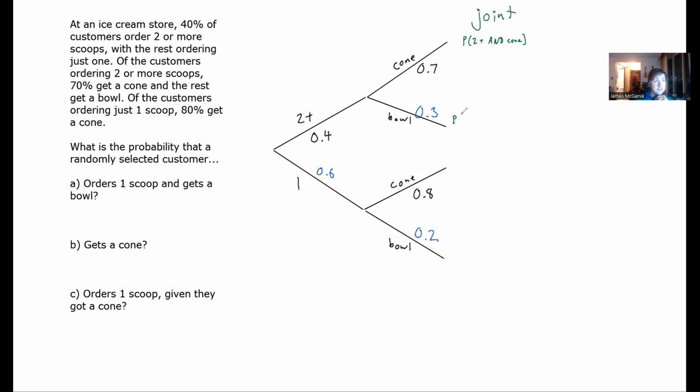What's the probability someone orders 2+ scoops and a bowl? What's the probability someone orders 1 scoop and a cone? What's the probability someone orders 1 scoop and a bowl?